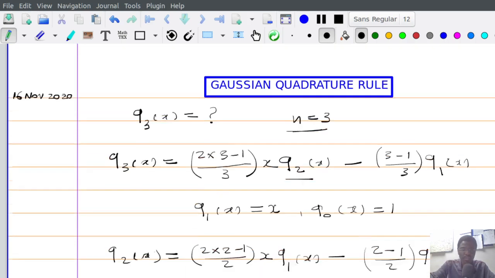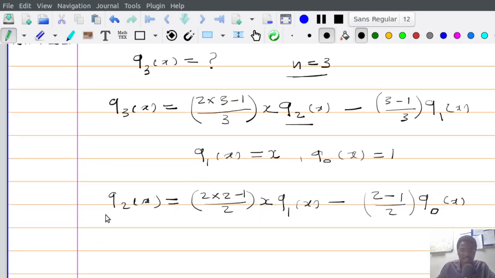So if we compute this, we obtain 2 times 2, 4 minus 1, 3 by 2. So here we have 3 by 2 x. Q1 is x, so that will be x squared, minus 1 by 2 also. Q0 is 1. So this is what we get.